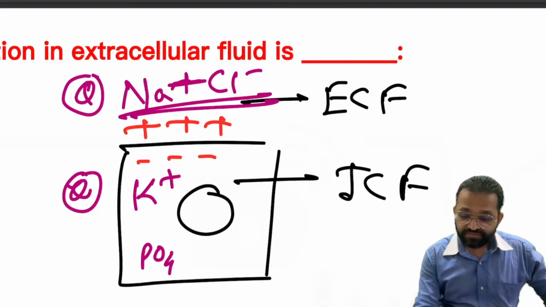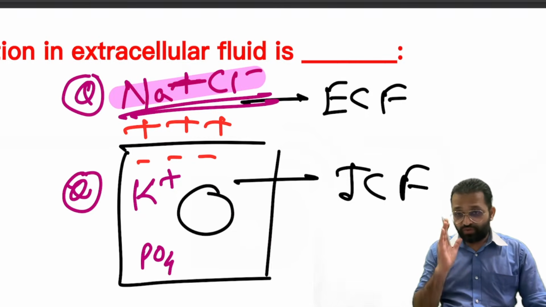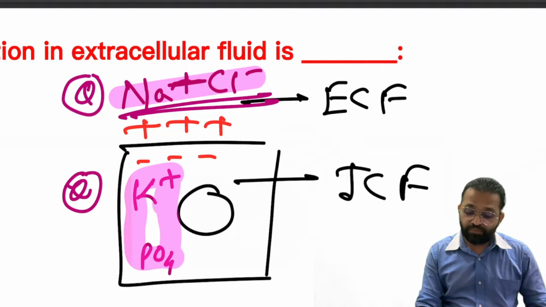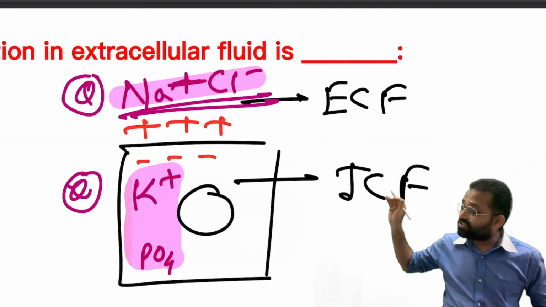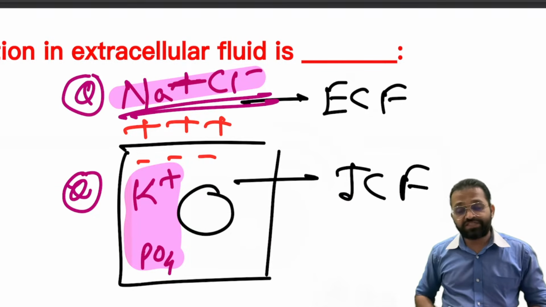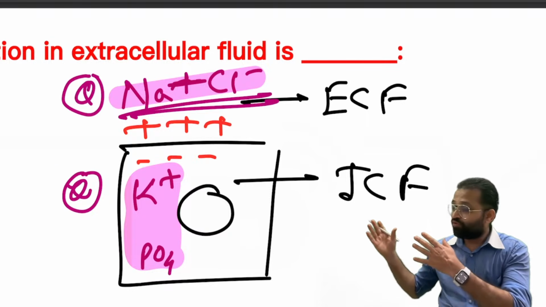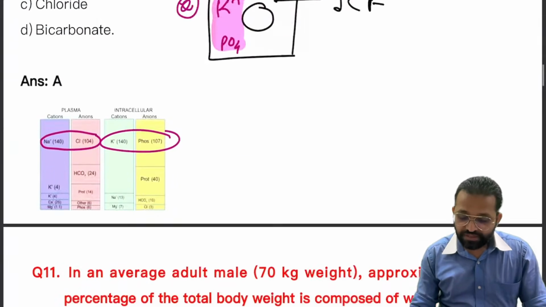Are you getting it? So outside the cell, NaCl is more, sodium is more and chloride is more. And inside, potassium and phosphate are more. So the major cation in intracellular fluid is potassium, and the major anion in intracellular fluid is phosphate. Agree? Come to the next question.